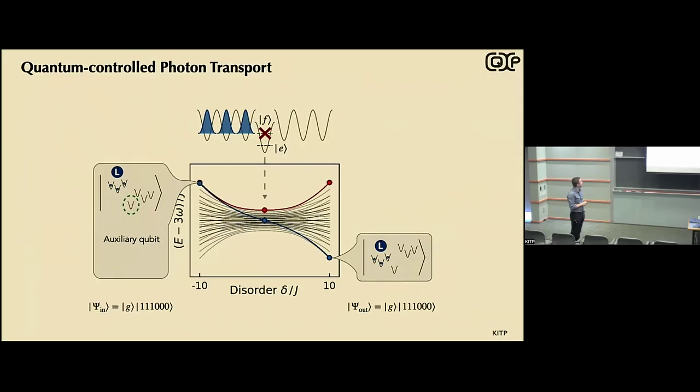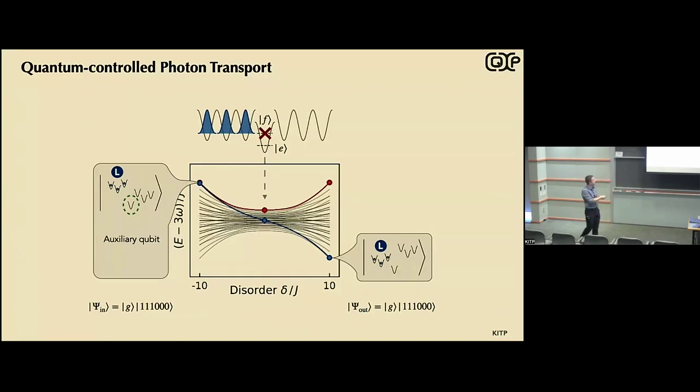So now the transport will be conditioned on the occupation of this site, just because this is a bosonic site, and you're putting your E states on the left and right side on resonance with your F state in this ancilla qubit. In this case, because our middle qubit is empty, even though I'm going to melt the photons into this configuration and then reintroduce disorder, now with this inverted configuration where the right-hand side qubits will be at the higher energy, nothing's going to happen.